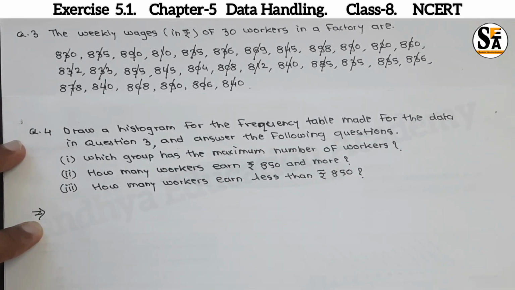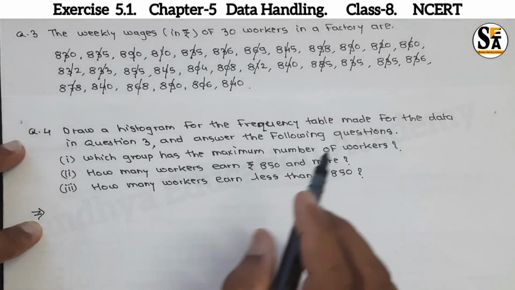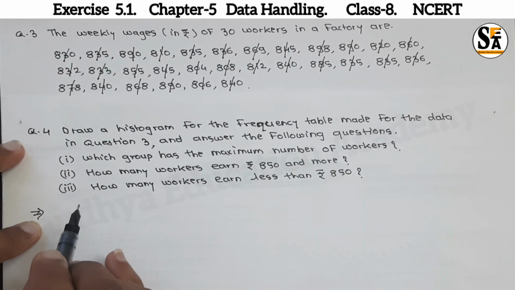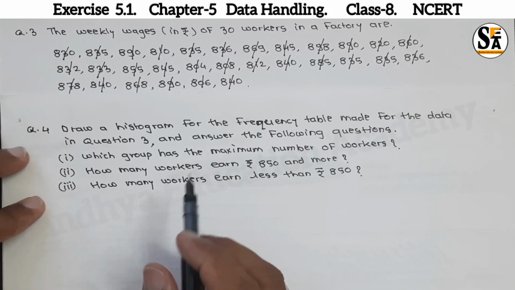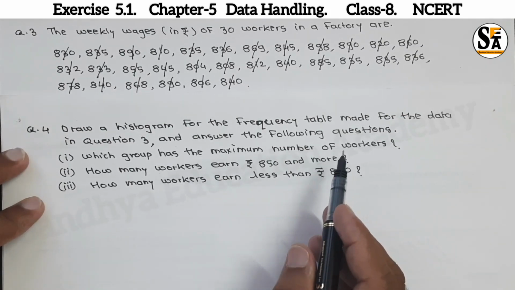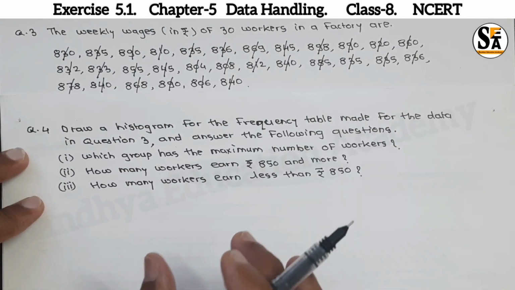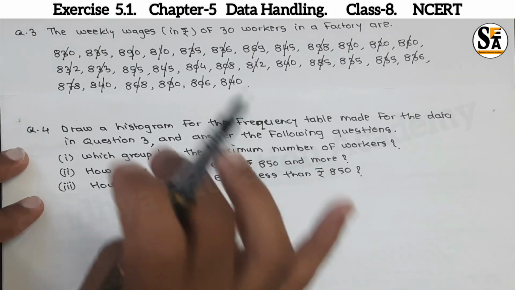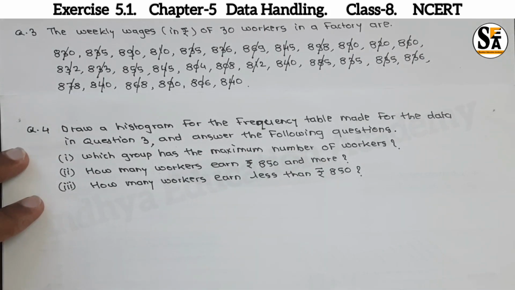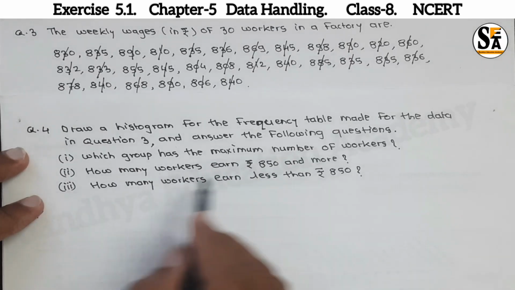Now here a histogram is asked. See, to draw a histogram we require the class interval and the frequency. So we will first write down the class interval and frequency. This table we will write first, and then it will be very easy to draw a histogram and to answer these questions.